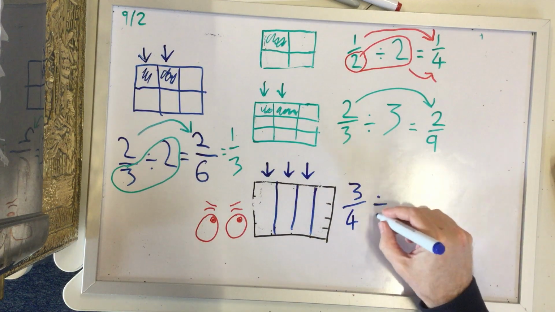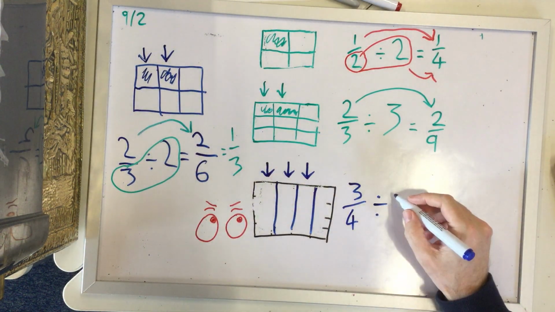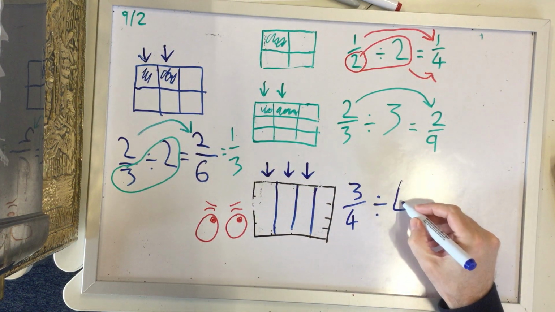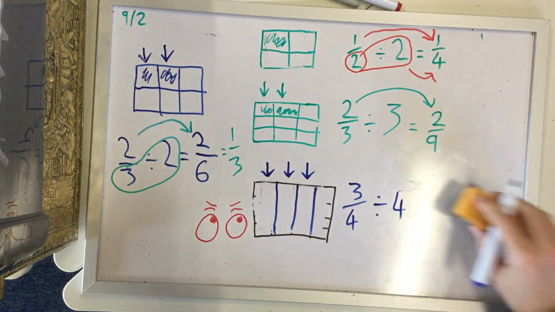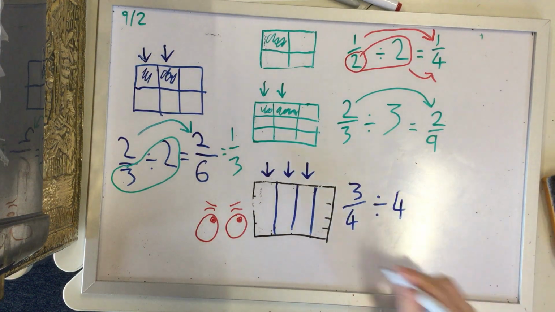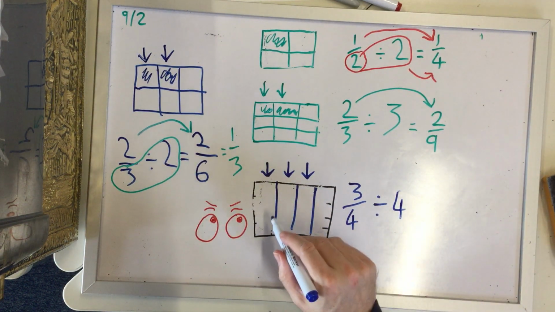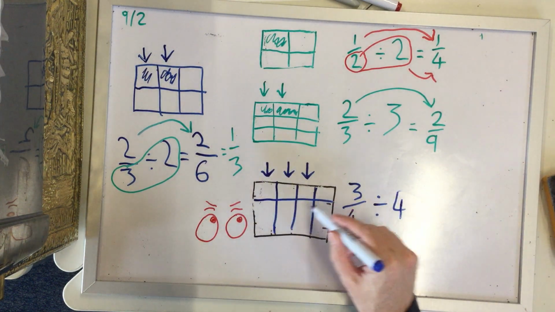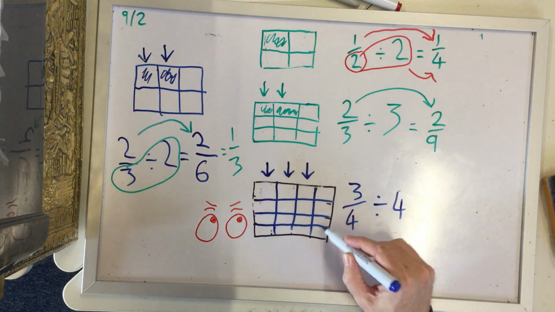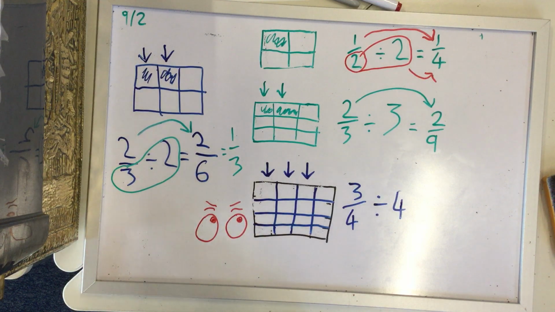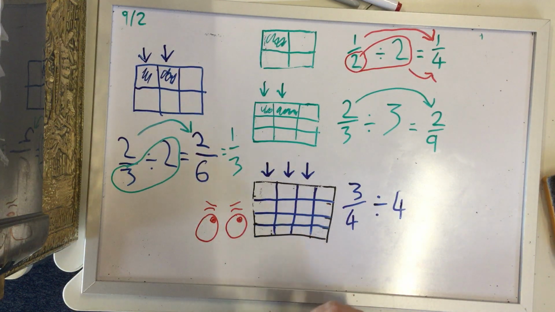I'm going to divide it by 4. It's a very tall 4 there. Okay, so split it up. And if you're ever using images or pictures, they don't have to be accurate, if you're just jotting your answer down and helping you to work it out.